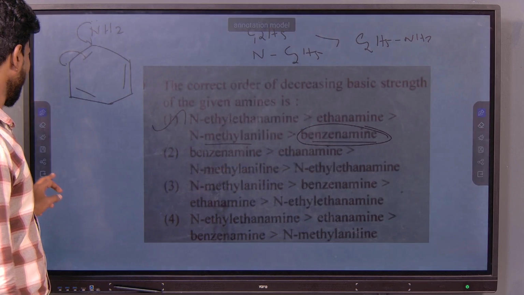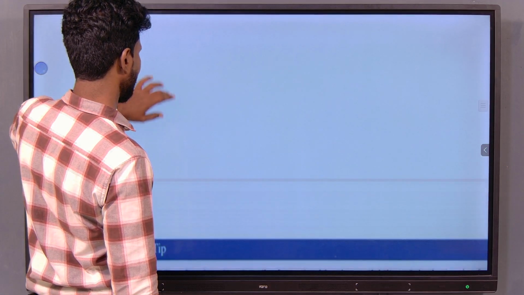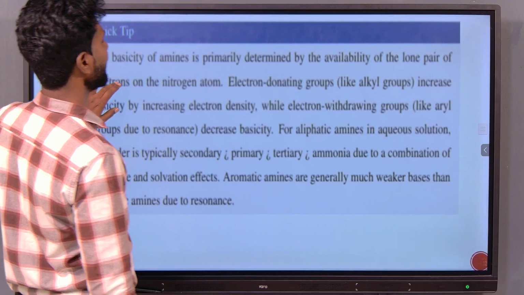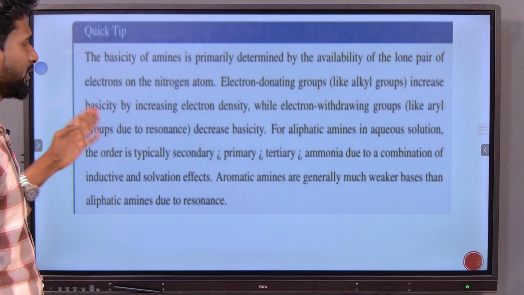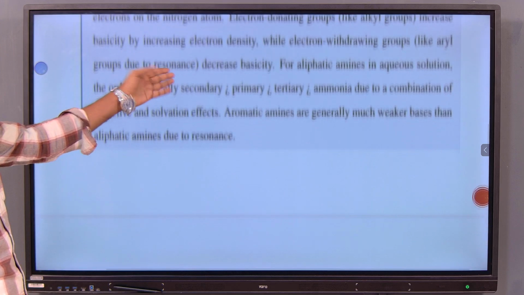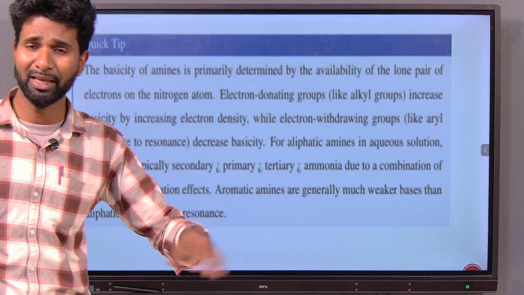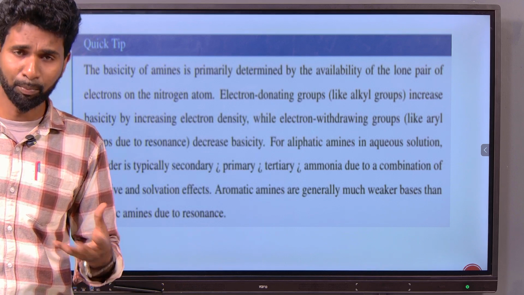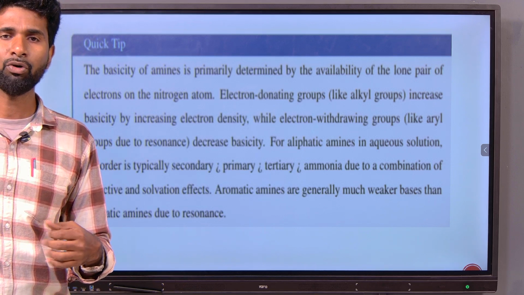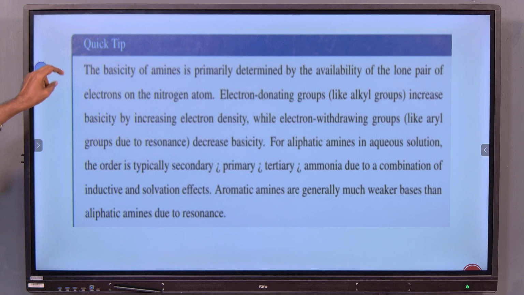For a quick revision, here is how to remember this section. The basicity of amines is primarily determined by the availability of the lone pair of electrons on the nitrogen atom. Bases are those that accept a proton, H+, or donate an electron pair.